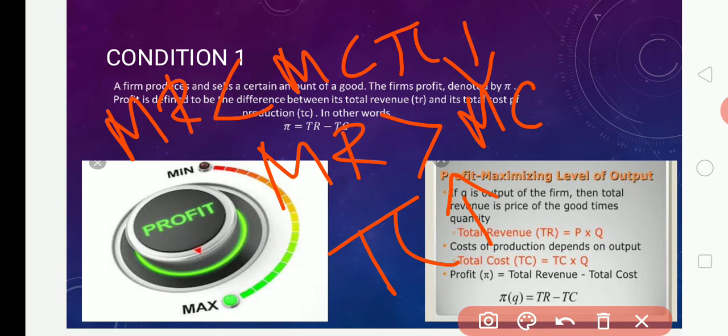Remember this. So it follows that for profit to be maximum, marginal revenue should be equal to marginal cost. In other words, profits are maximum at the level of output where MR equals MC.